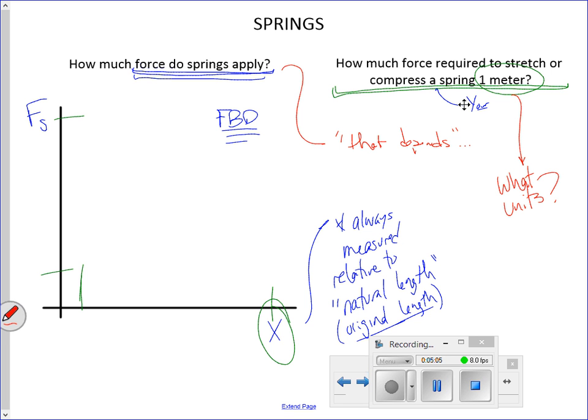I mean, really, how much force? It's going to be a number of newtons, right? But when you say how much force to compress it, or sorry, how much force to stretch it a meter, think of how there might be some quantity that quantifies that, and how might you find that from your graph?